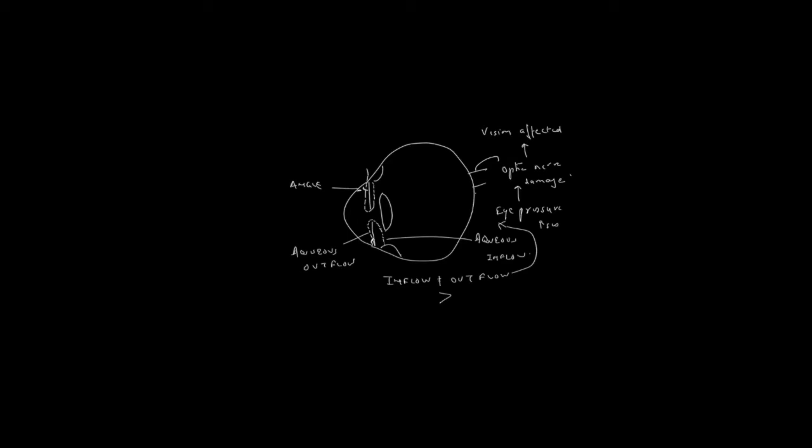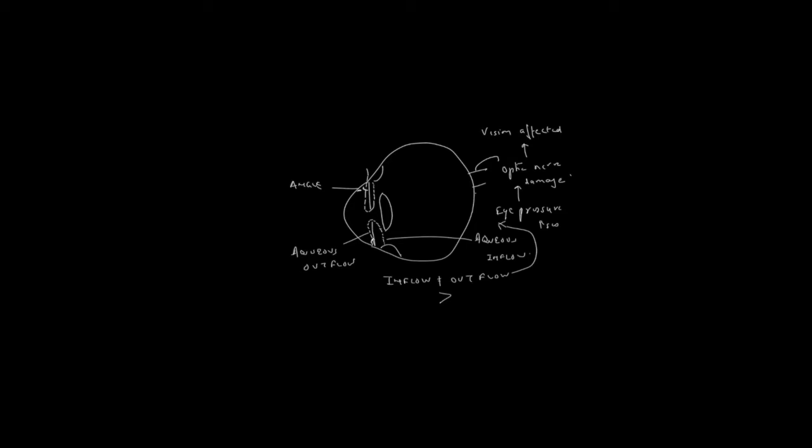The optic nerve is a very important structure in the eye because it carries visual impulses to the brain. So if the optic nerve gets damaged, that will give rise to visual impairment. In the initial stages of glaucoma, side vision gets affected, but if not taken care of at the right time, the central vision can also get lost.